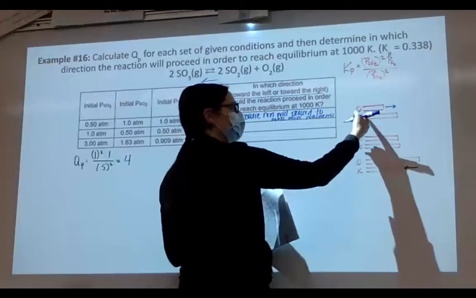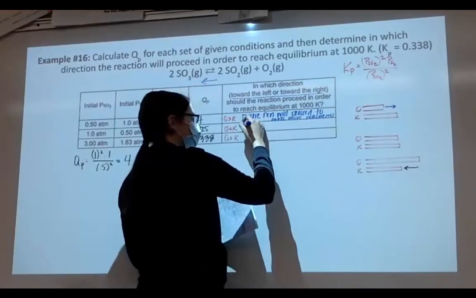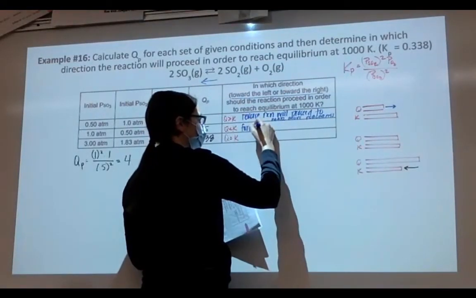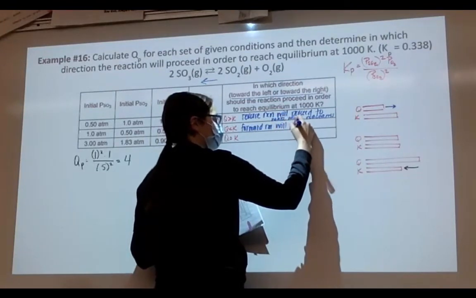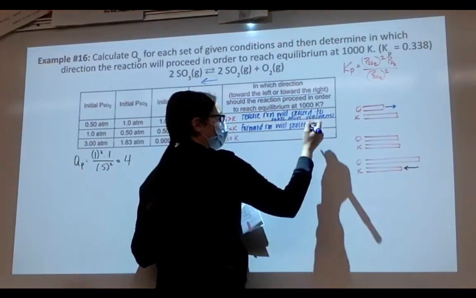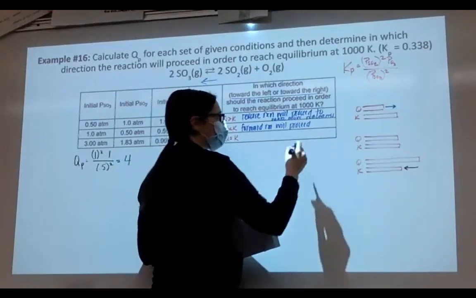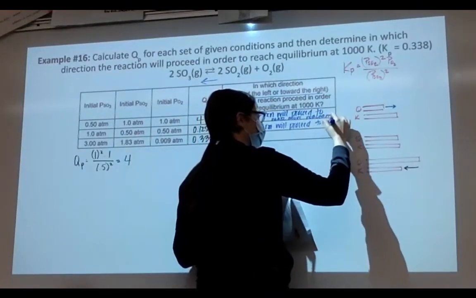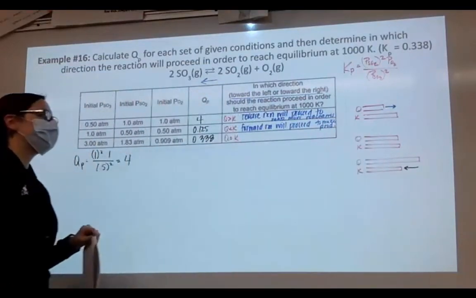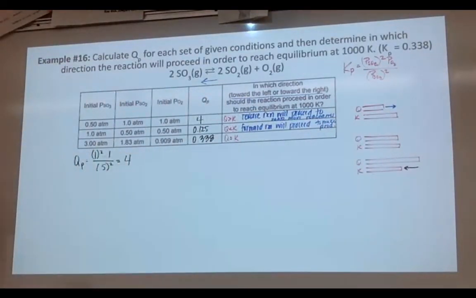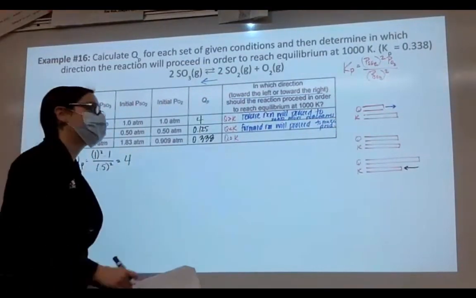Q is less than K. Right here, we would say the forward reaction will proceed. We need to make more products. Or we can say it will proceed toward the right.